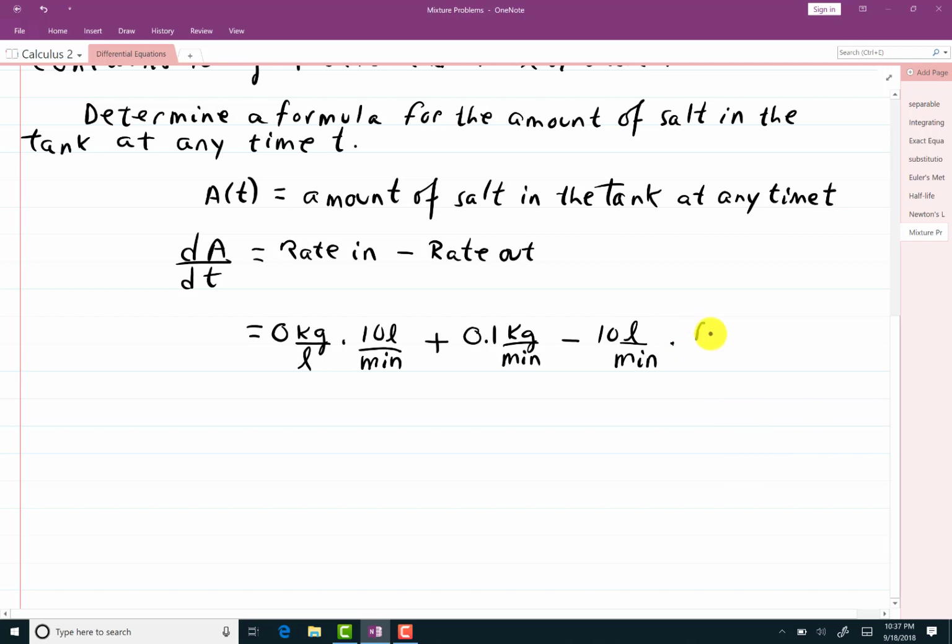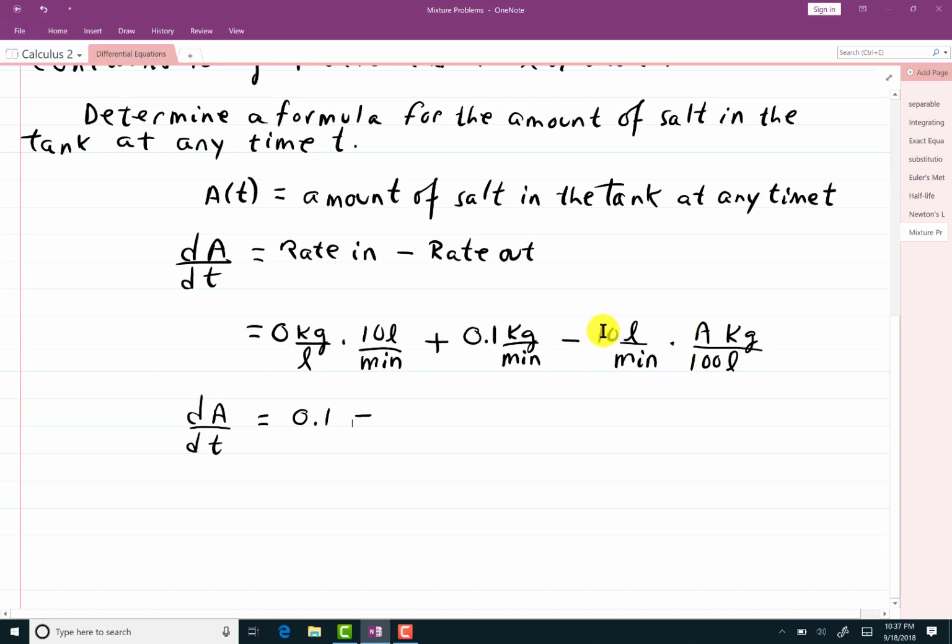So I know I have A kilograms of salt, but I don't know it, but I do know the tank itself holds 100 liters of fluid. So there's that part of it. Let me simplify a little bit here. This first part is 0. So I have dA over dt equals 0.1 minus, let me multiply this stuff together.